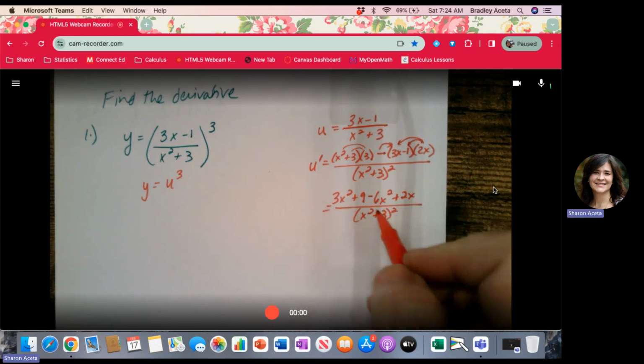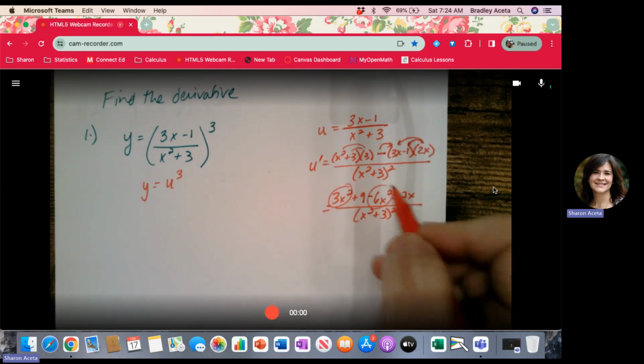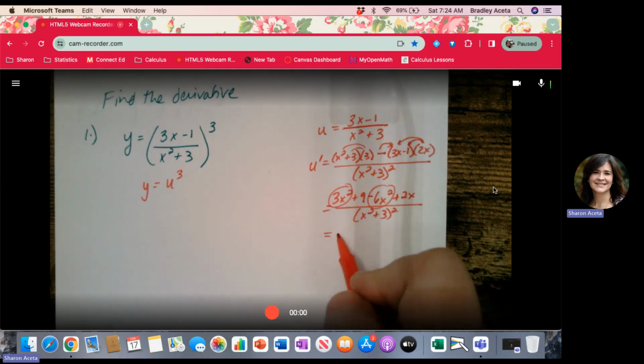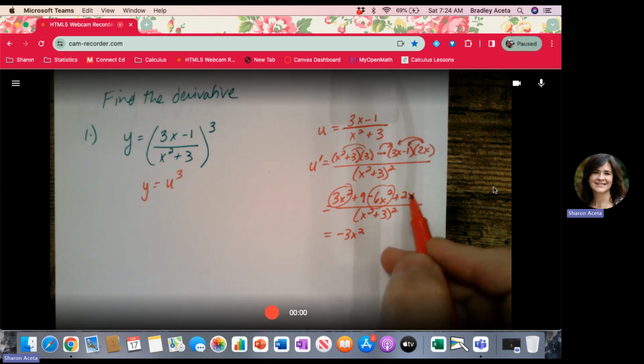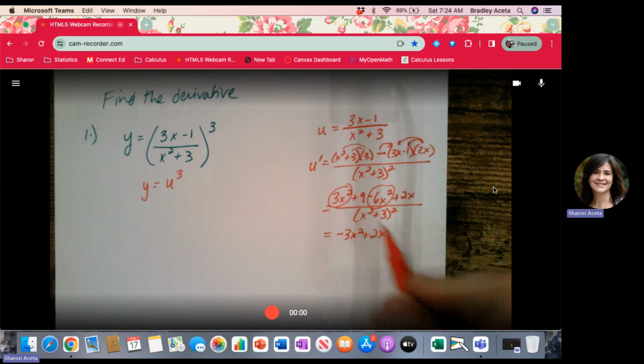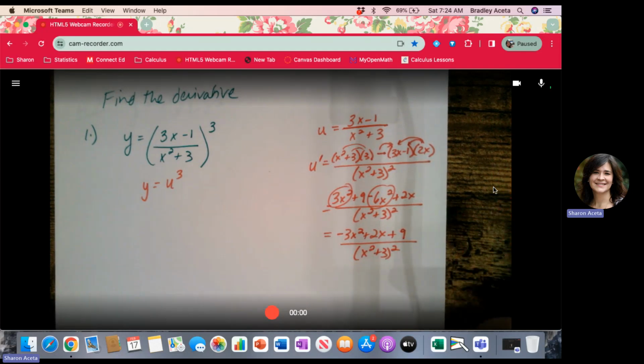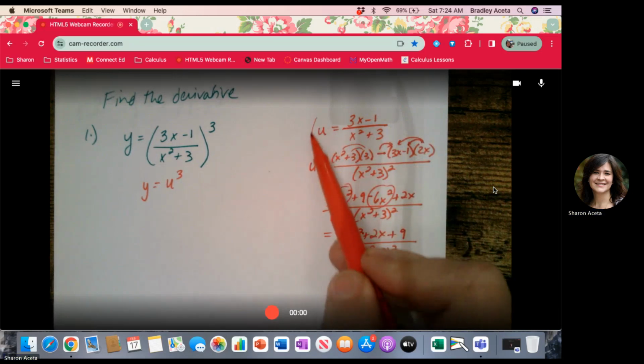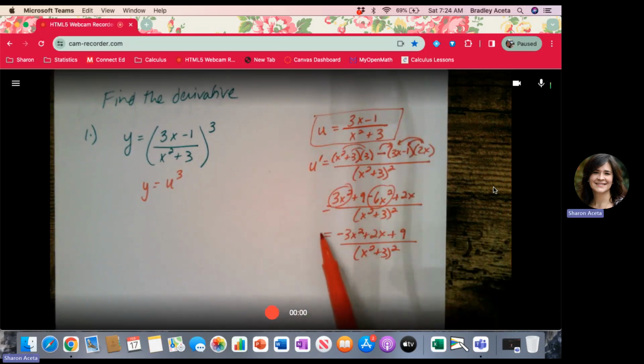And then, again, we can still simplify. We can combine some like terms here. So this would be negative 3x squared plus 2x plus 9 is on top over x squared plus 3 squared. Okay? So here's our u, and here's our u prime.